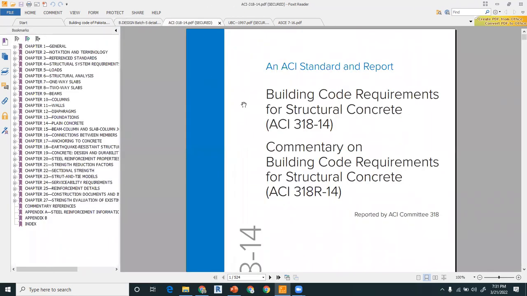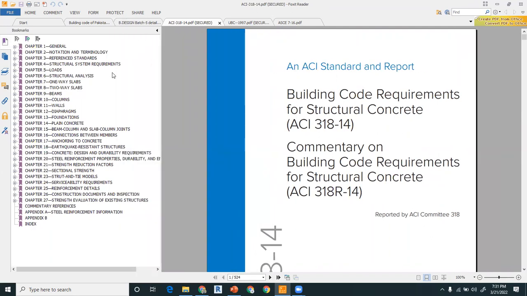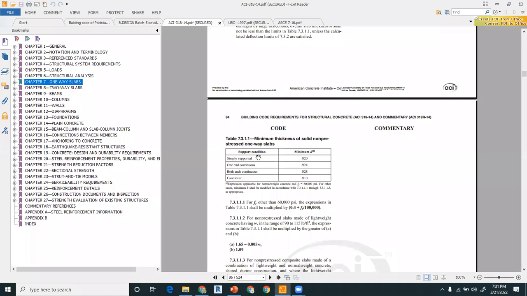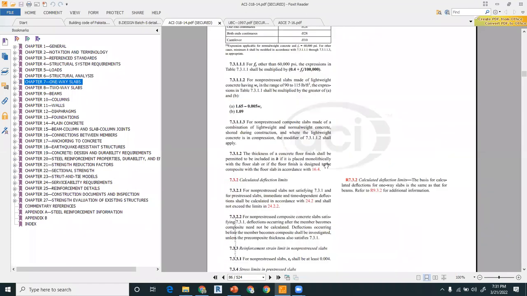And this is another code, which is the ACI 318-14, and you can see these are the different chapters you can design and go through as per your requirement. I have told you that different chapters have been defined. For one-way slabs, this is chapter number 7, and there will be different requirements. What is the minimum thickness? What is the minimum reinforcement?